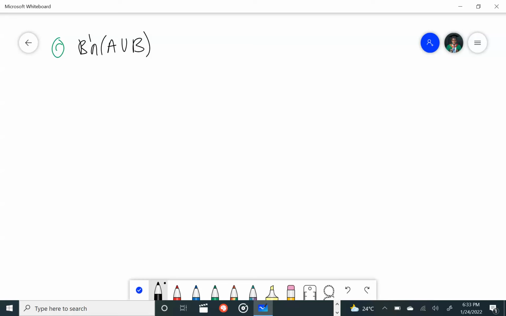Anyone? Yes? Anyone? What are the distributive laws? Yeah, exactly, right? Perfect. So we're going to use one of the distributive laws.